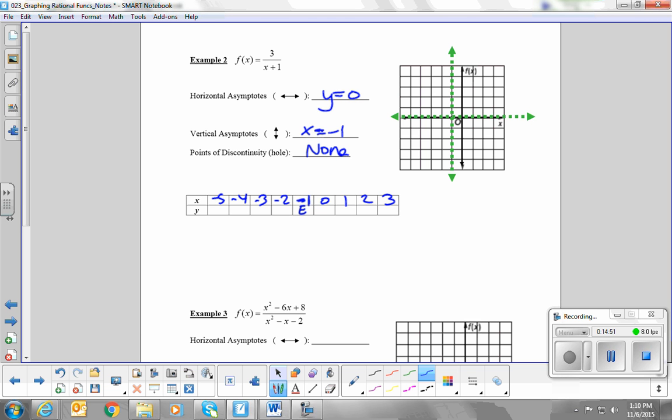Or we can start all the way at negative 5 and make our way across. That's fine. Plug in negative 5. Negative 3/4. So negative 0.75, right? Plug in negative 4. Plug in negative 3. Negative 3 halves. Negative 1.5. Plug in negative 2. Negative 3, right?